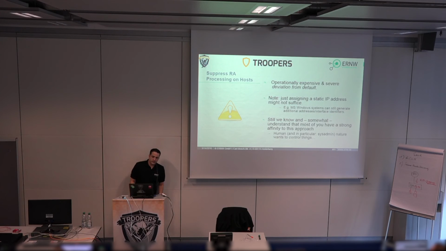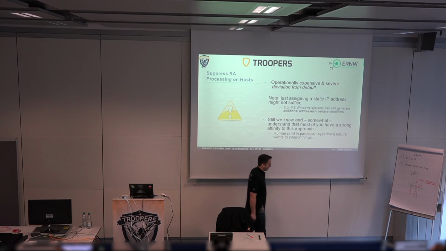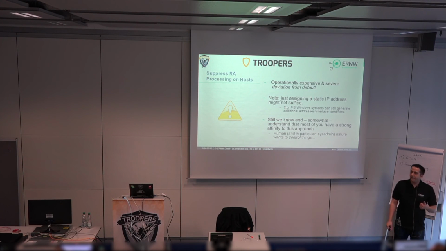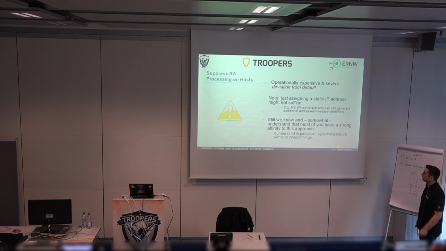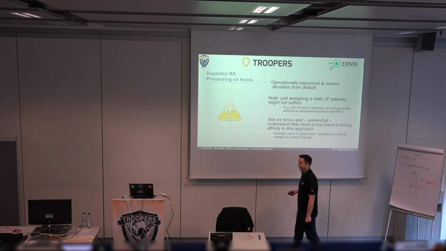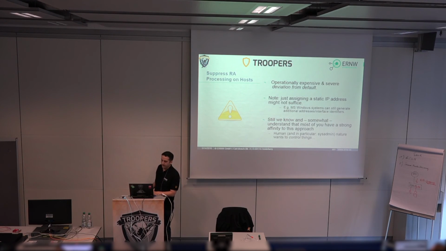So, one thing you could do for all these router advertisement based attacks, you could, of course, configure locally on every host that router advertisements will not get processed on the host. So even if it receives a router advertisement, it just does not process the packet. Well, for server segments, that might be feasible. Still, it's a deviation from default, same as with DAD.